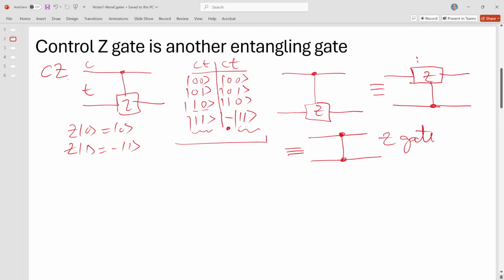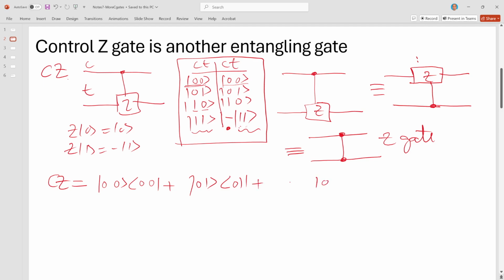So from this truth table, we can write the outer product form of this control Z operator very easily, because 0 0 state is going to 0 0. So 0 0 goes to 0 0. I can write it like this. Then 1 0 goes to 1 0.